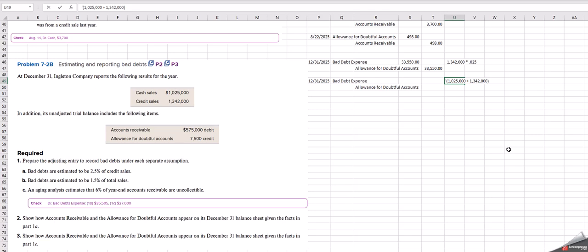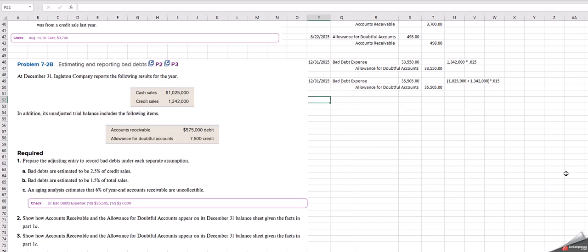And then we'll multiply that times the 0.015. So that's our mathematics. I'll go ahead and let Excel do it though. So 1025 plus 1342 and then times 0.015. So then that's going to be $35,505 that we would charge off to bad debt expense if we were doing it on our total sales.